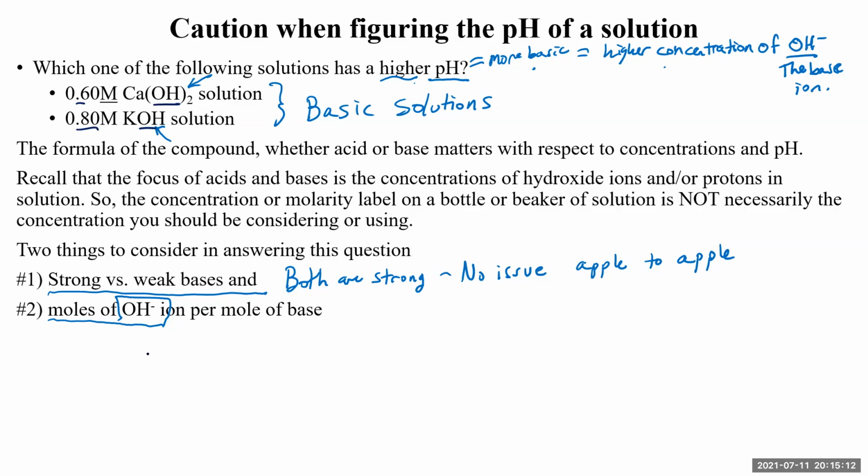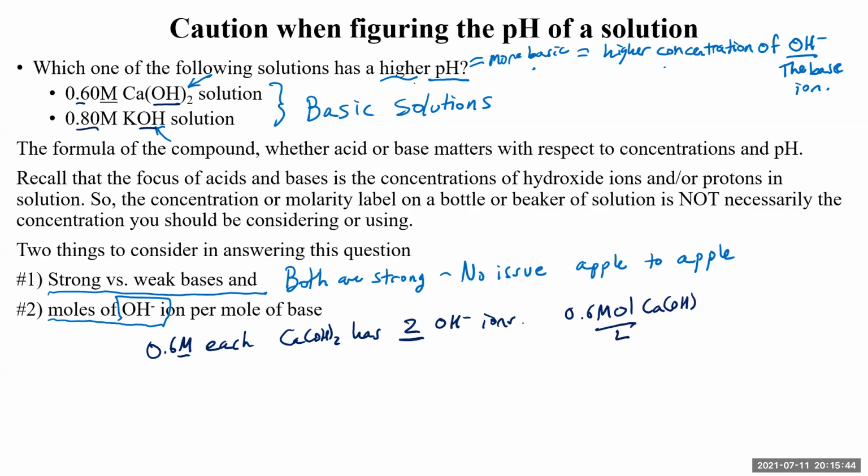Well, let's look at the first one. I have 0.6 molar calcium hydroxide, but each calcium hydroxide has 2 hydroxide ions. So we take 0.6 molar, let me write it out like this, 0.6 moles per liter, that's the definition of molar, moles per liter of calcium hydroxide.